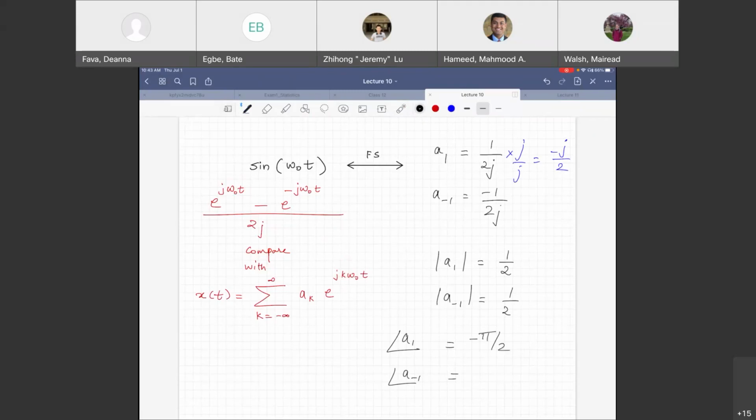How about the other one? Positive pi over 2. What can you say about symmetry in the magnitude of the Fourier series coefficients? Can I say that the magnitude of the Fourier series coefficients is even? Yeah. How about the phase? Odd. That is for an odd signal.